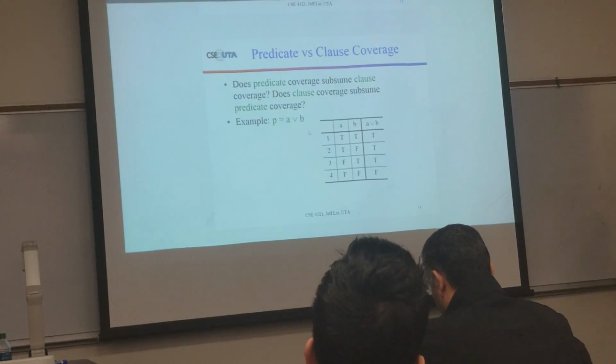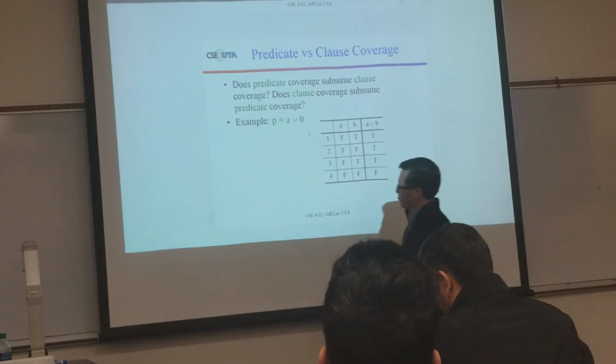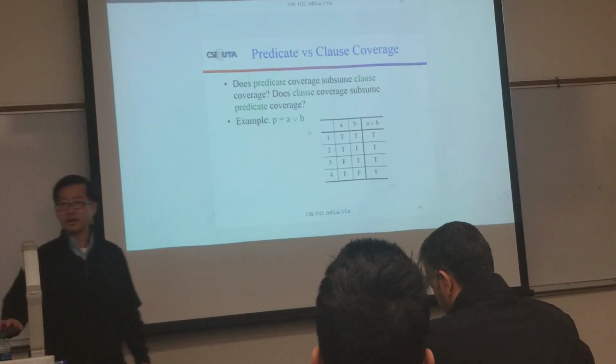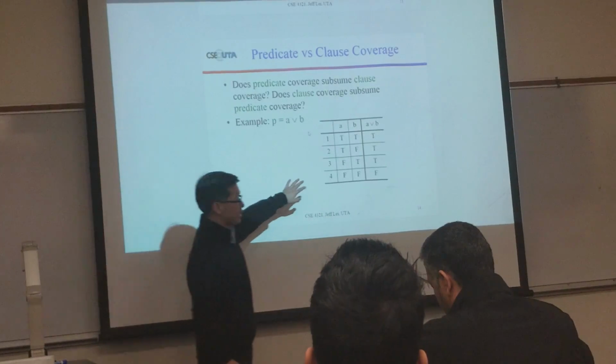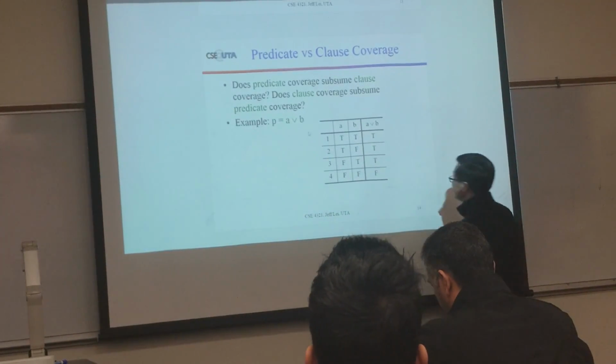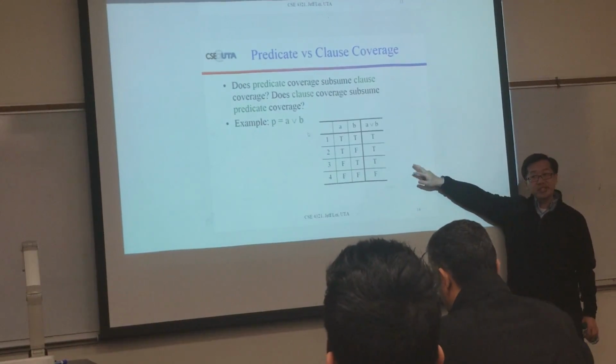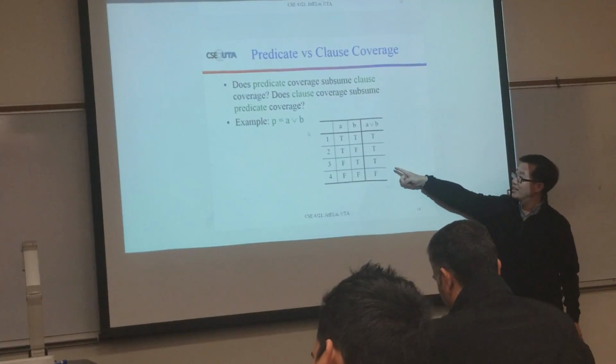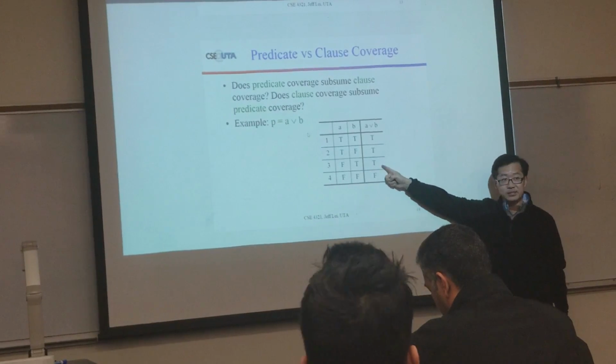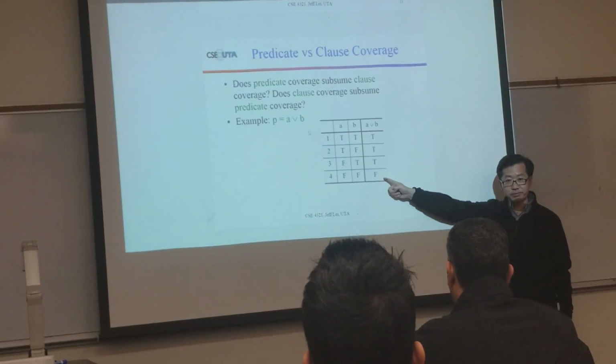Can anyone do that? 3 and 4, very good, right? If you choose 3 and 4, you do satisfy predicate coverage, because 2 and 4 give the predicate values.